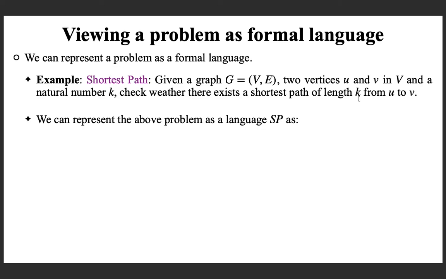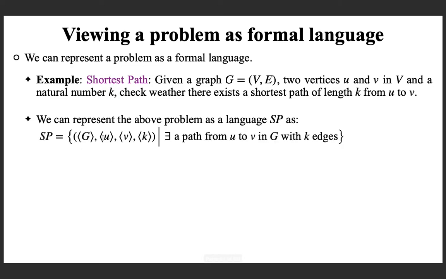Now I am giving you a language representation of the shortest path problem, which is represented as a language SP. And this is the language. The set of all strings of this form, four binary strings, is an element of the language. It is a quadruple: a binary encoding of a graph, the binary encoding of the vertex u, the binary encoding of the vertex v, and the binary encoding of k.